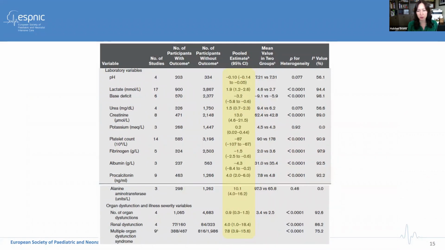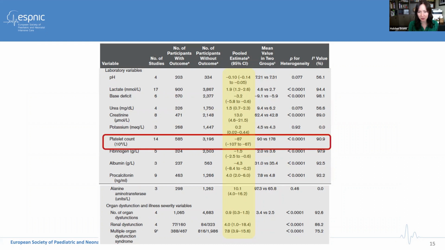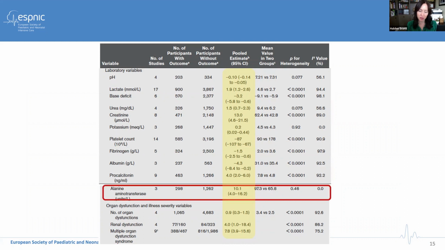Looking at our laboratory variables, all of the variables listed here were associated with the outcome, but you'll note that specific ones, creatinine with an estimated risk of 13, platelets with an inverse association, so a negative risk of 87, lower platelets, higher mortality risk, and ALT or liver dysfunction was also associated.